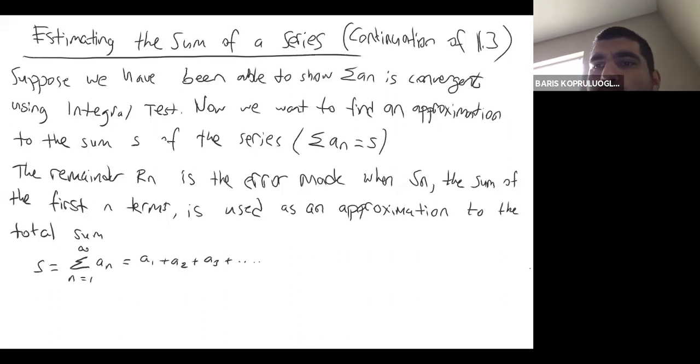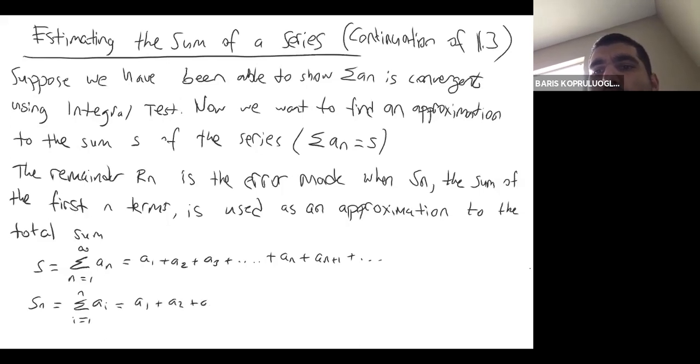Somewhere there is the a_(n+1) term, and it keeps going. And S_n, the nth partial sum, is the sum from 1 to n of the first n terms, a_1, a_2, up to a_n.